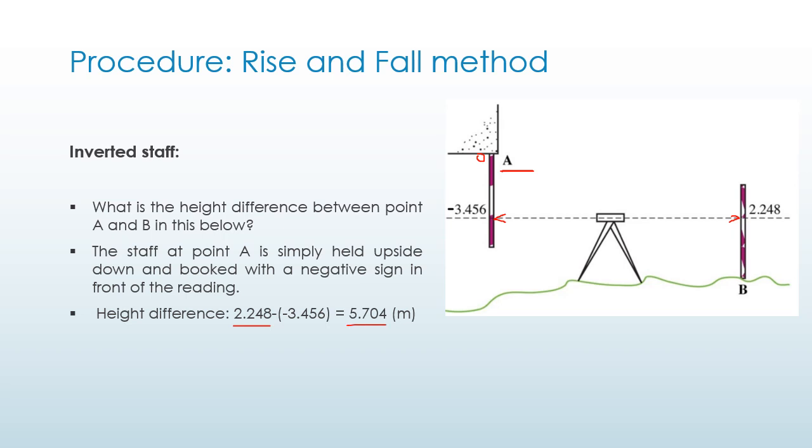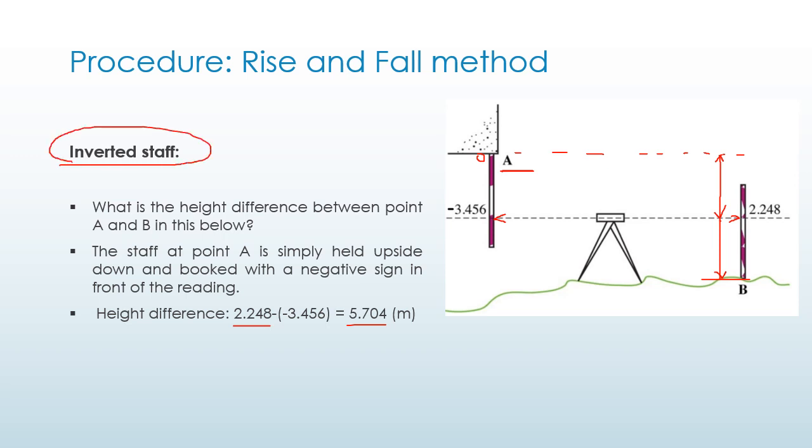So actually you have the distance here, 2.248, and towards this point above you need to add this distance. So that's why, if we have minus here, we have to minus again over here to get the true height difference between A and B. Remember that you put a minus for all of the points above the line of sight. We call this the inverted staff reading.